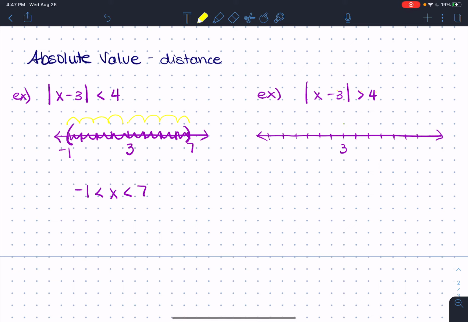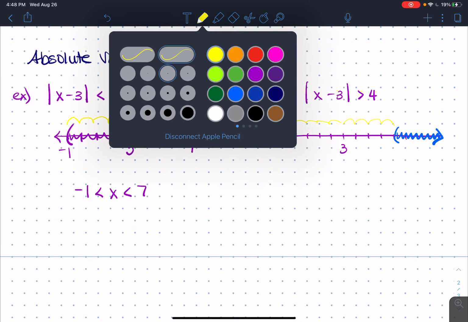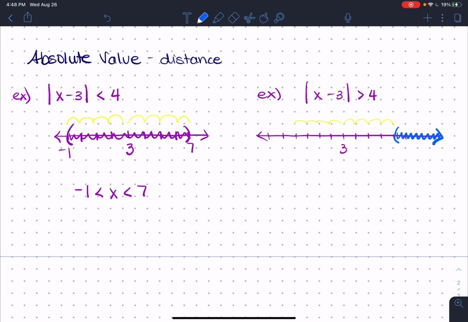So starting at 3, I go 1, 2, 3, 4 units. So I can be over here. Now everything over here is more than 4 units away from 3. And then likewise, I can go to the left, 1, 2, 3, 4, and wind up right here. And everything in this direction also has a distance that's greater than 4 away from 3. So anything here is more than 4 units away from 3, or anything over here is also more than 4 units away from 3. So how am I going to write that?